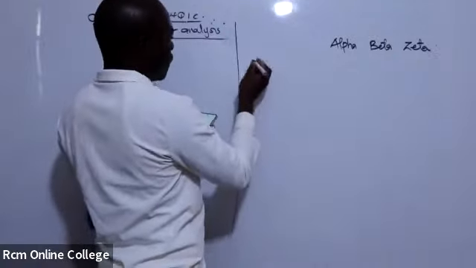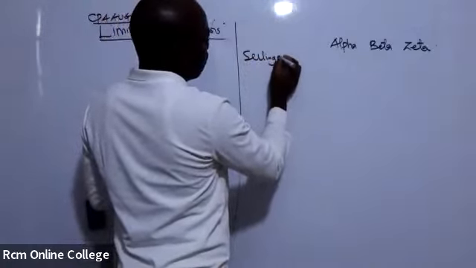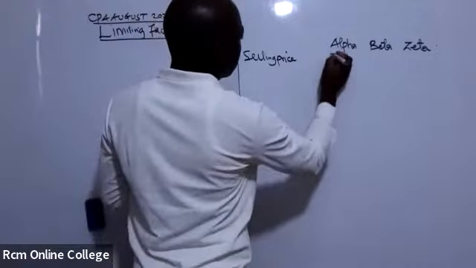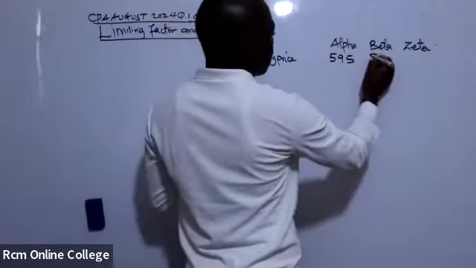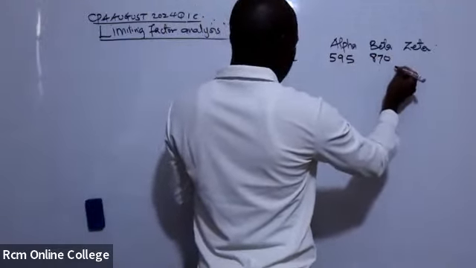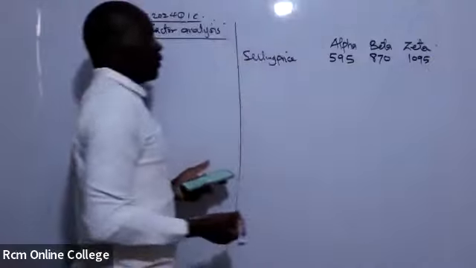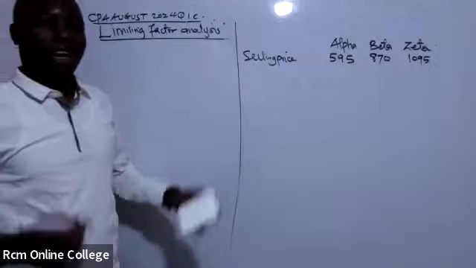Start with the selling price. 870, 1095. Okay. Now to that, we need to start accounting for number one, the variable cost.